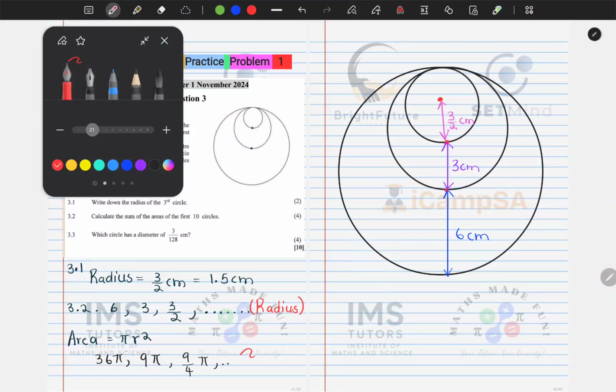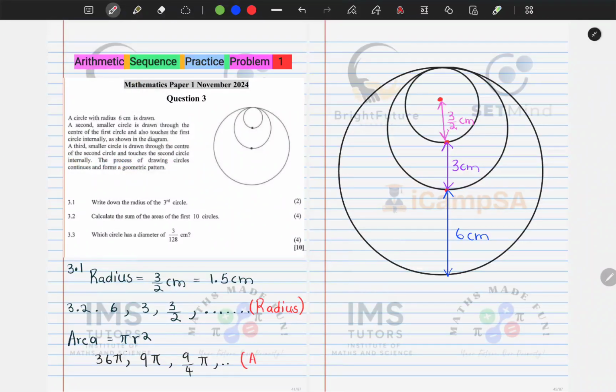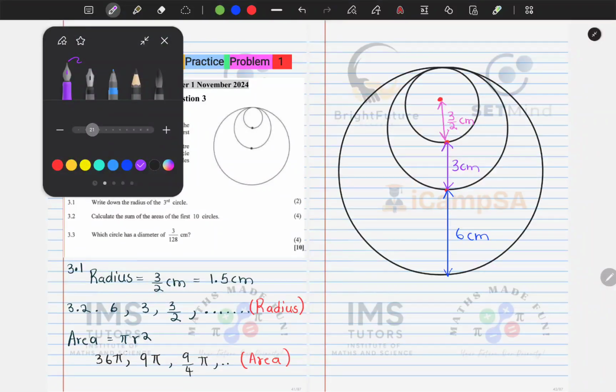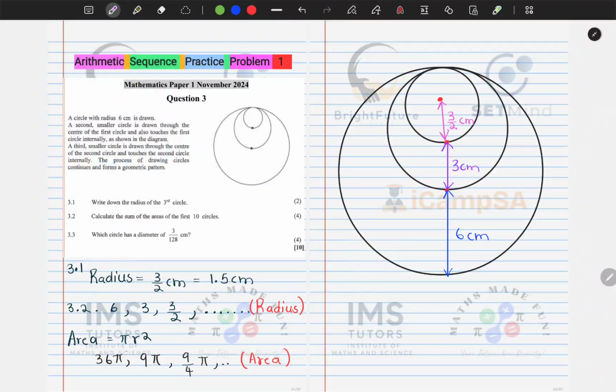What this is here is area. So I'm making a pattern using our area from the radiuses above, because the question clearly wants us to find the sum of the areas. Now looking at the areas, I need to figure out, is there a pattern?